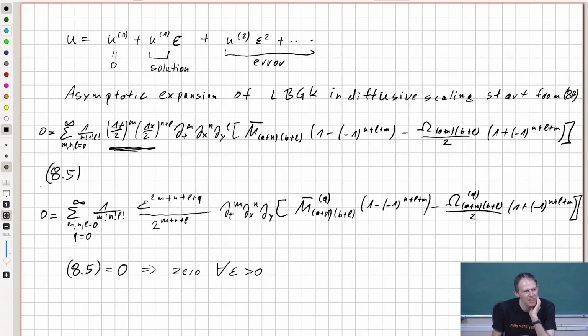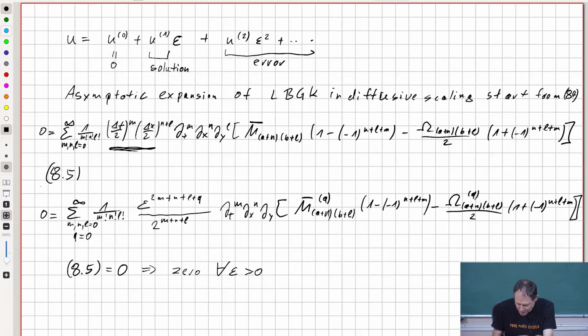Because epsilon is a smallness parameter. It's supposed to be small, but it's otherwise arbitrary. And it's positive. And being small also means it's not 0. If it's 0, then we don't have a resolution. So, small but not 0.